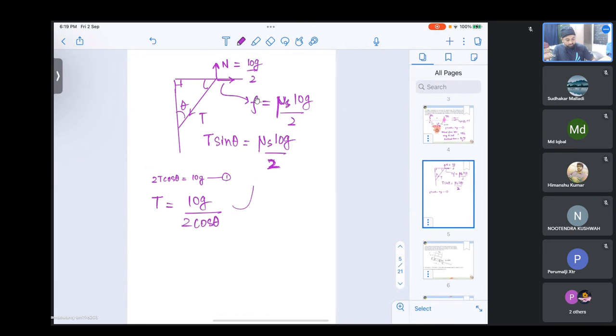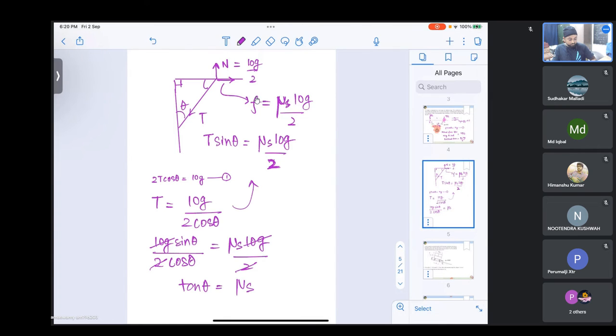Substituting back, I get 10g sin theta upon 10g by 2 cos theta, this entire thing is T, and that equals mu s into 10g by 2. The 10g cancels out, the 2 cancels out. So I have tan theta equal to mu s. From here, theta I can calculate.